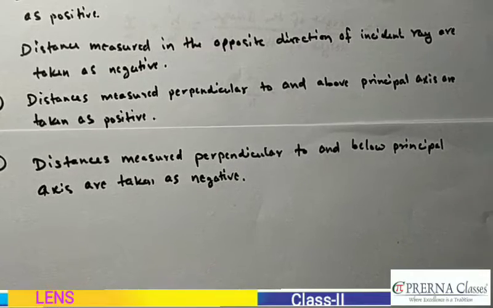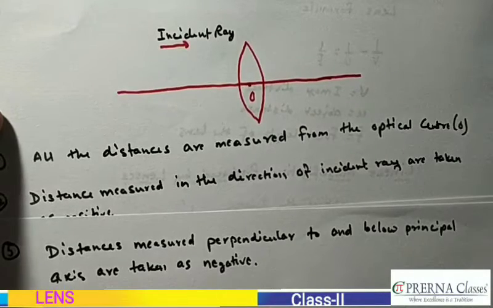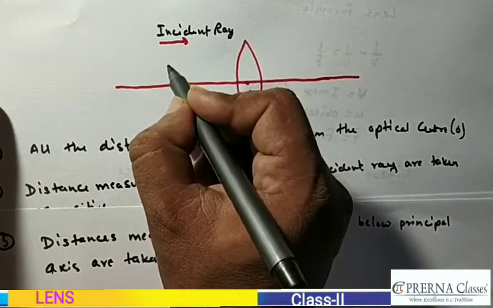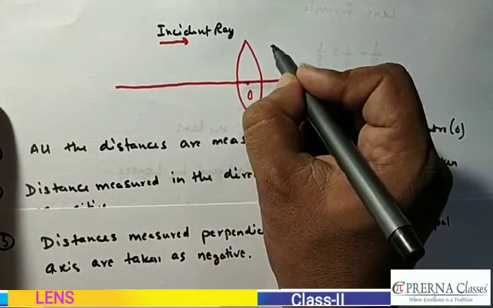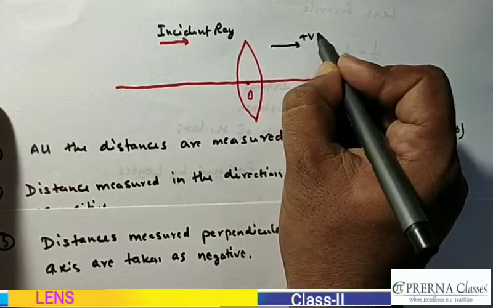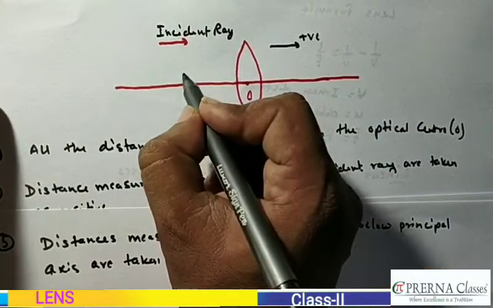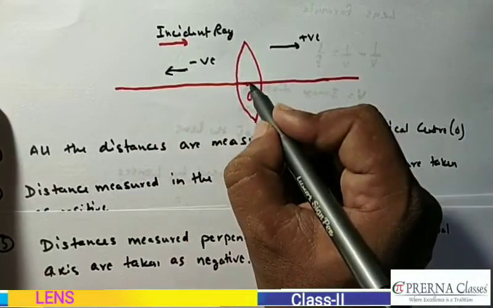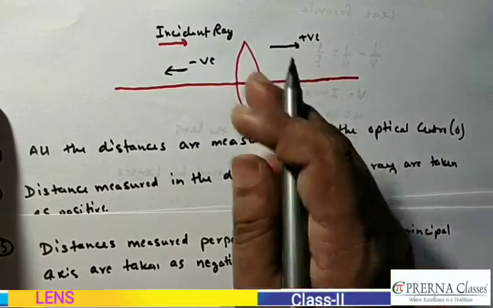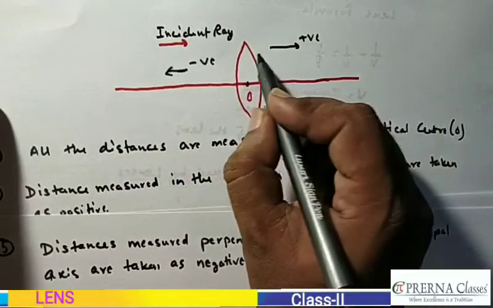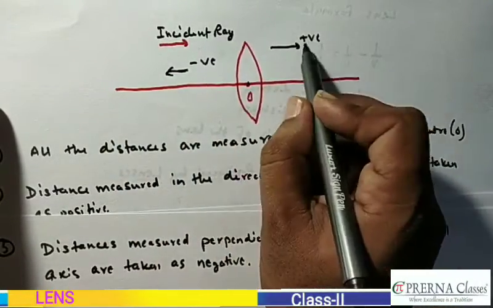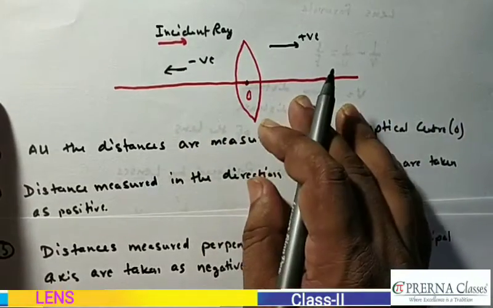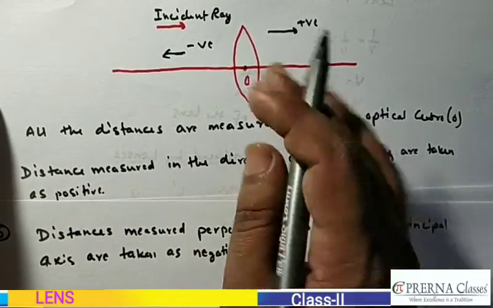Okay, that means distances measured in the direction of incident ray will be taken as positive, and distances measured opposite to the direction of incident ray will be taken as negative.